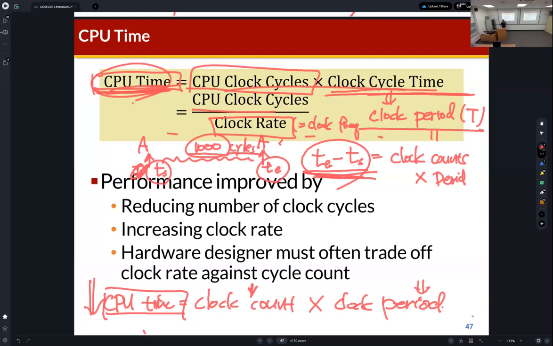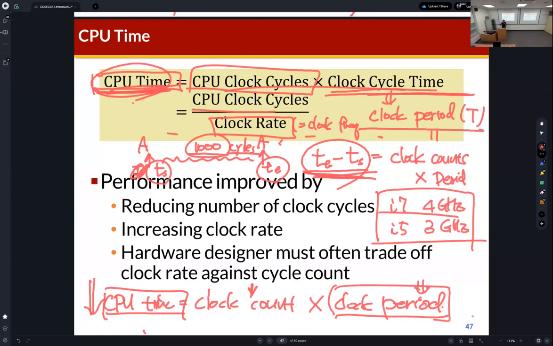That's why we frequently use clock frequency to compare two CPUs. For example, the Intel i7 works with a 4 gigahertz clock and the Intel i5 works with a 3 gigahertz clock. If we just see this information about the clock frequency, we assume that the i7 is better. Why?